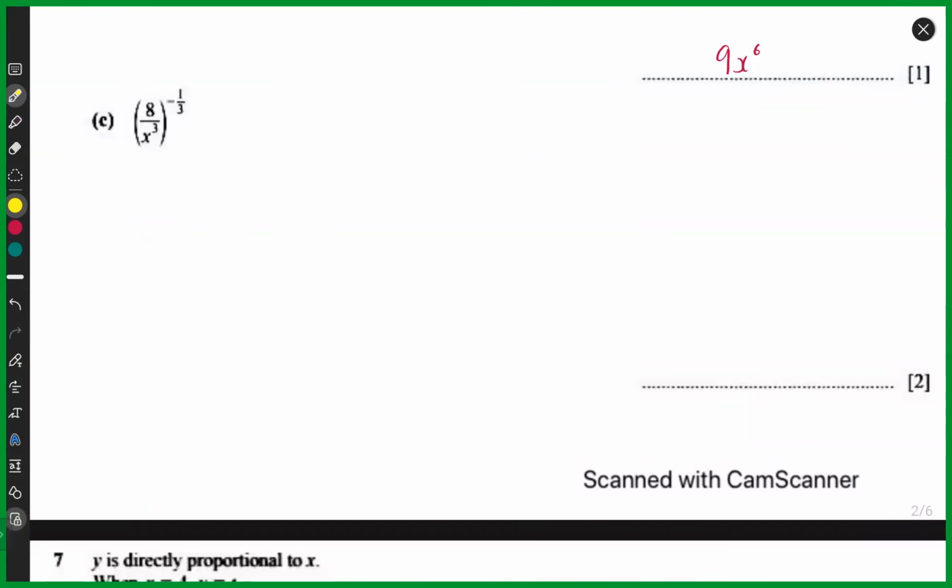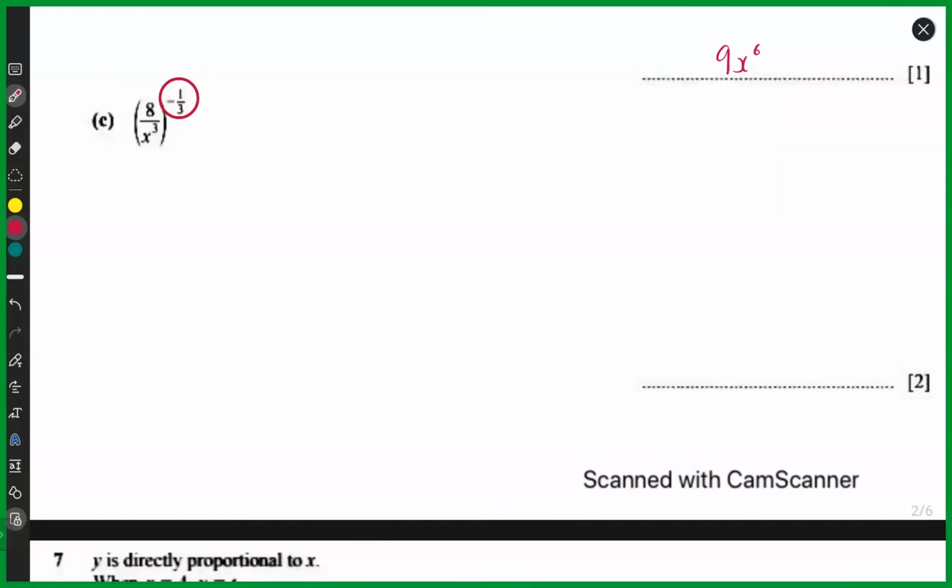For the last part, it was 8 divided by x cubed, power minus 1 by 3. Okay, so for this, again, we have a negative power. Whenever you have a negative power, just know you cannot deal with negative power on its own. So you need to get rid of this negative power.